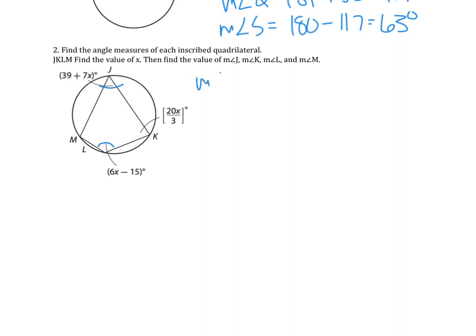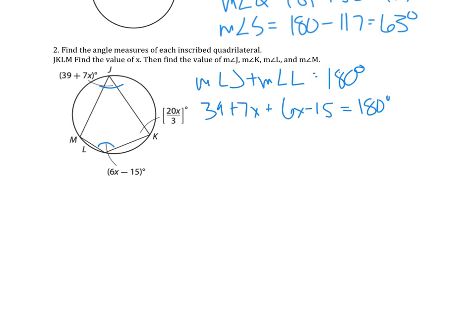So I know measure of angle J plus measure of angle L is 180. Measure of angle J is 39 plus 7x, plus 6x minus 15, and that equals 180.